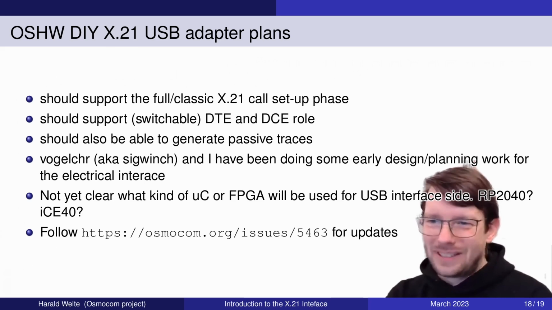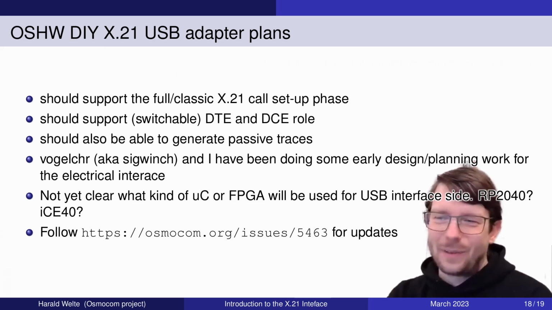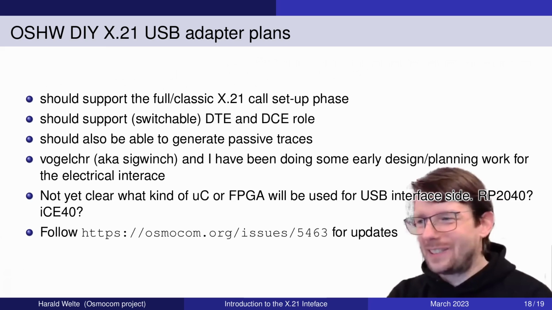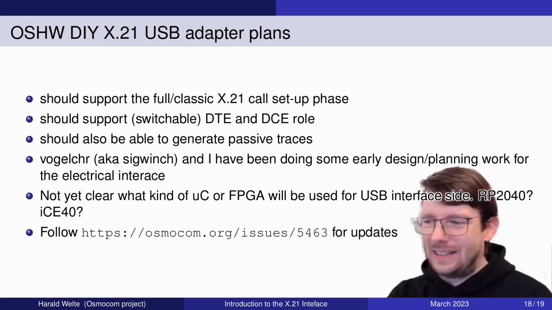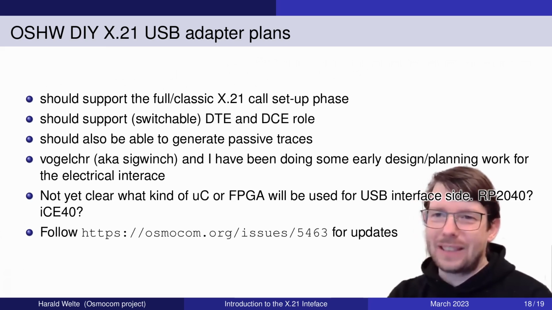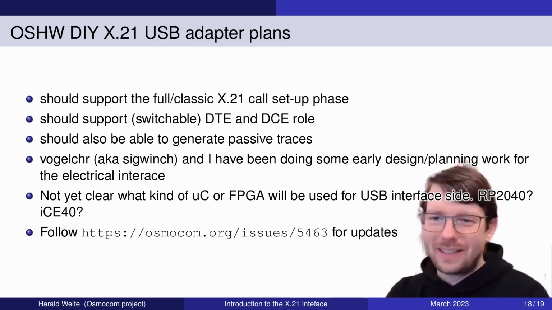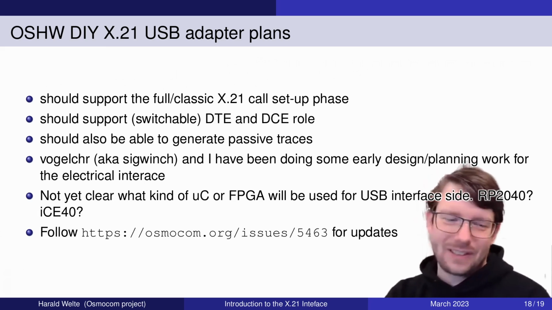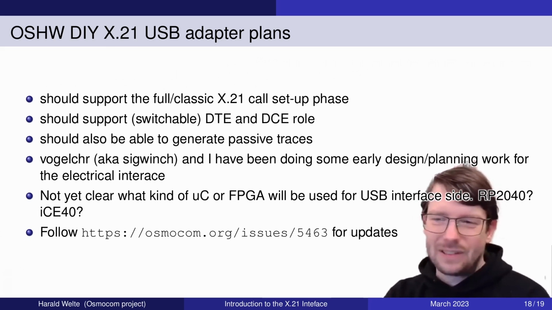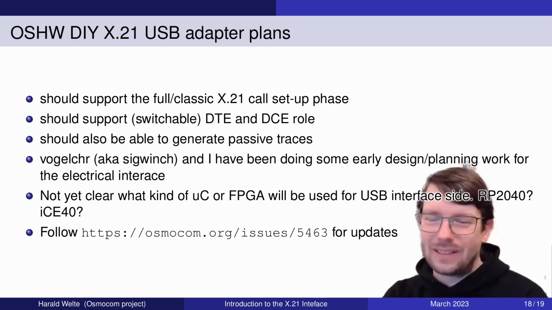It can print traces on a thermo printer that's included, and it can even simulate the entire circuit switched packet data network between two teletext devices. With that device, I think we should certainly be able to see exactly what we need to do and how in order to do the same in open source software.